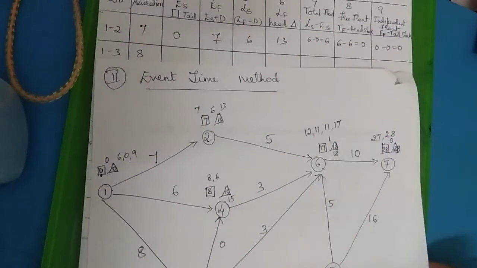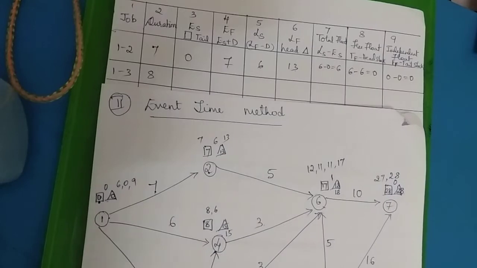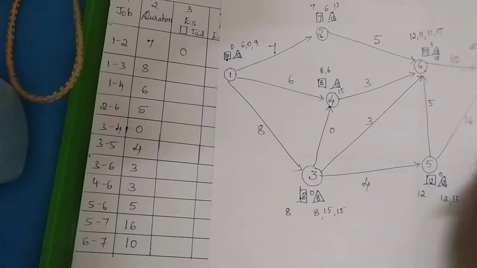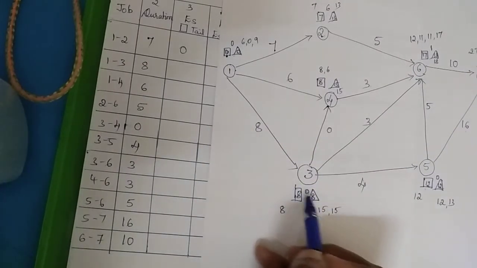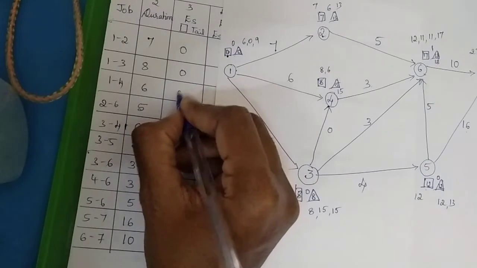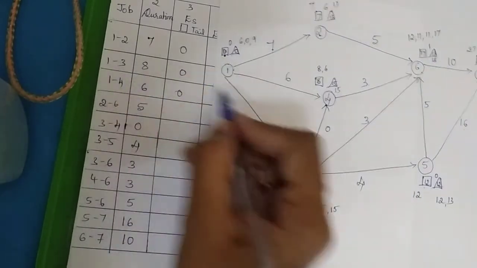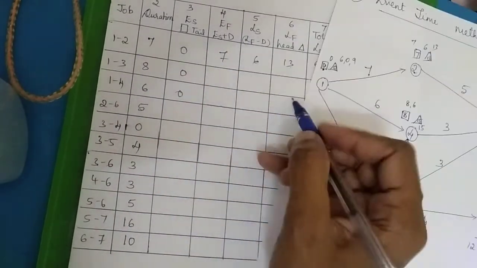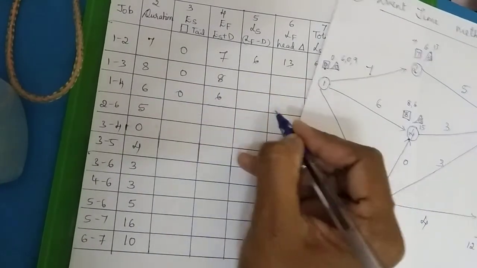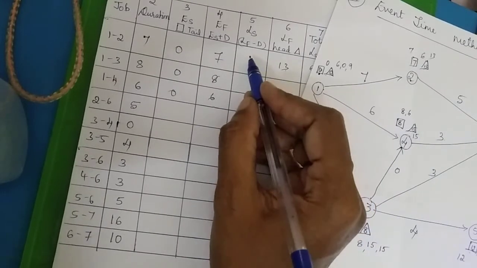I will calculate the same for 1 2 3. Here we have 1 2 3, right? For 1 2 3, the earliest start time of the tail event is 0. This will be so wherever you have 1. Next is the earliest finish time, which is ES plus t. Next is LF minus t.